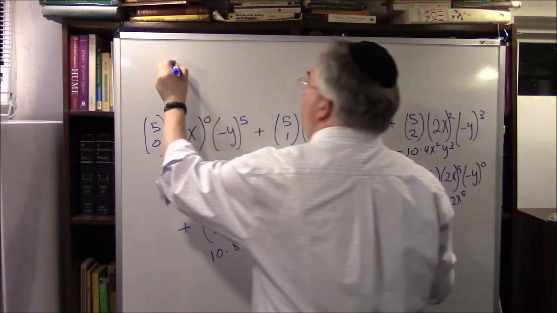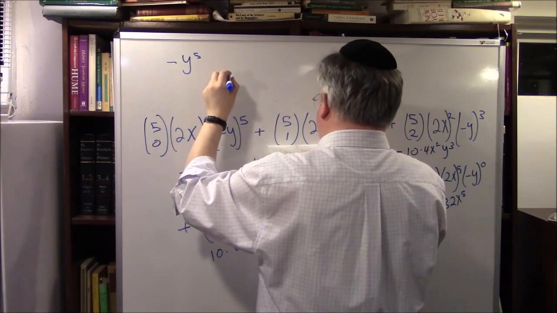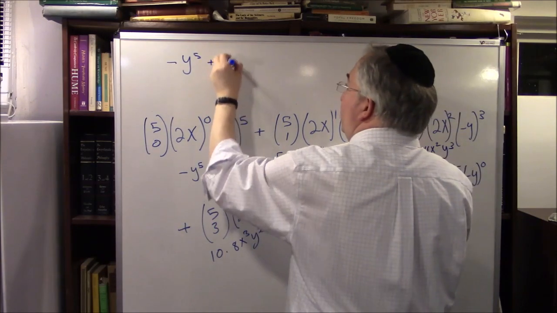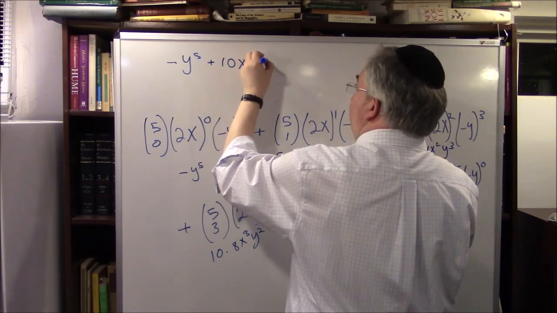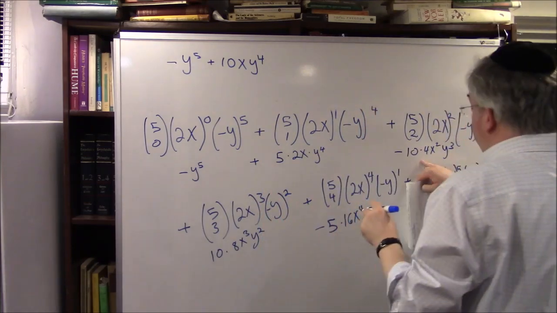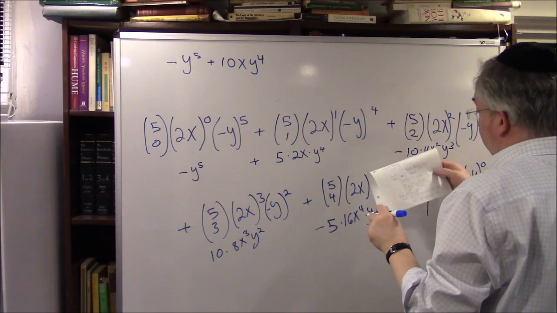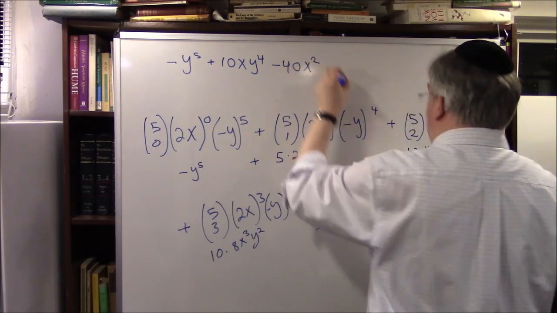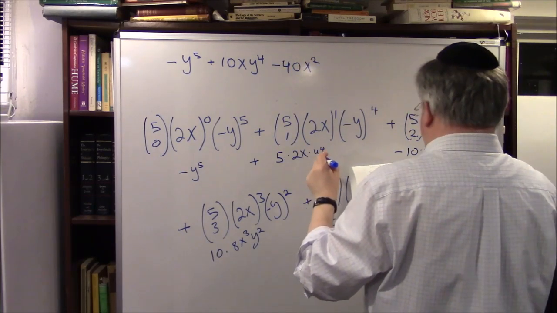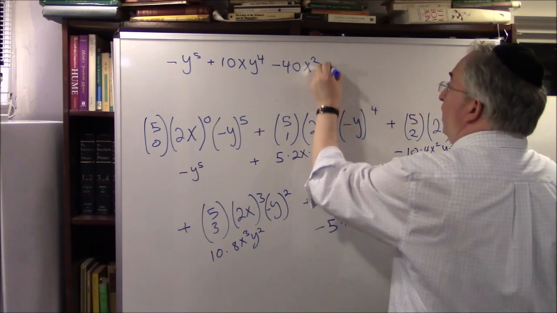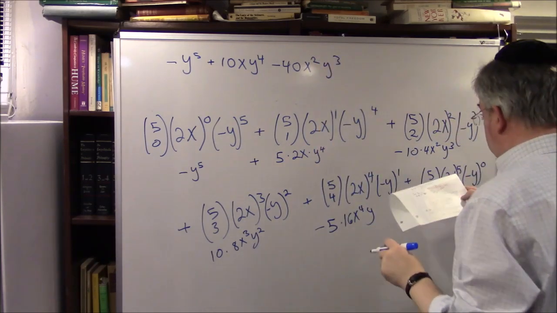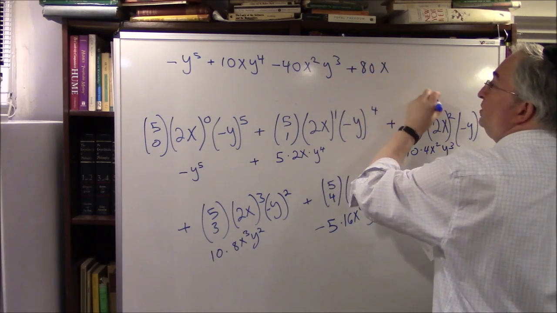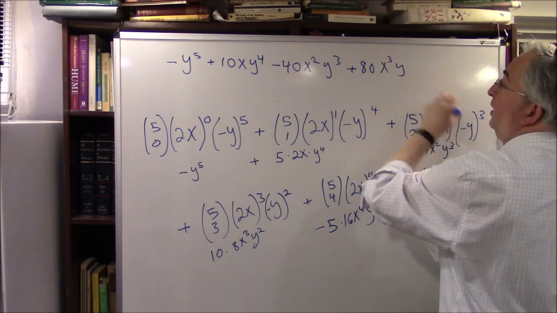So I get minus y to the 5th plus 5 times 2 is 10x y to the 4th minus 40x squared y to the third plus 80x to the third y squared.